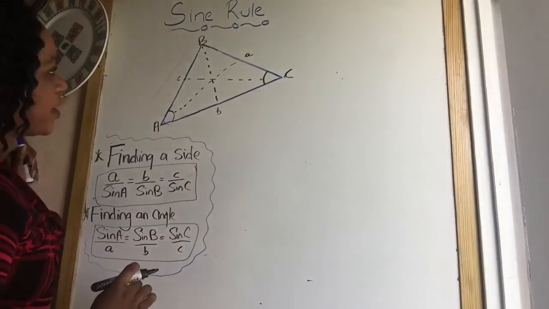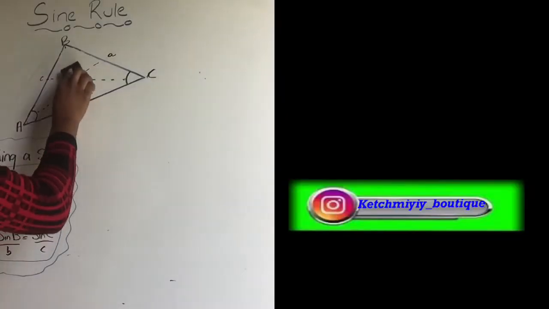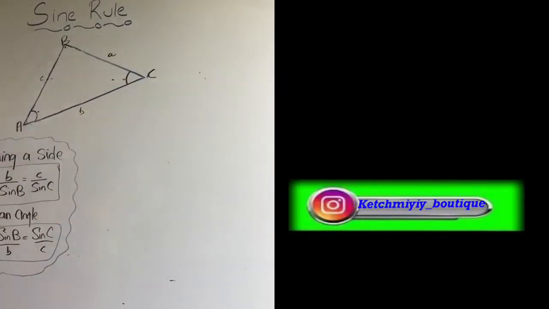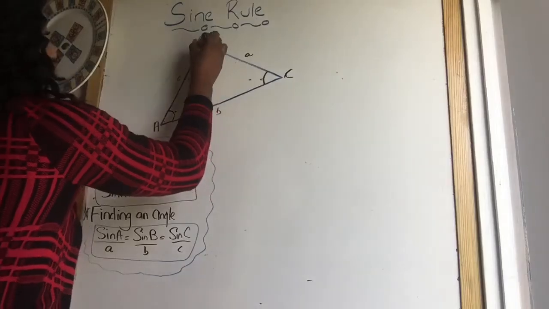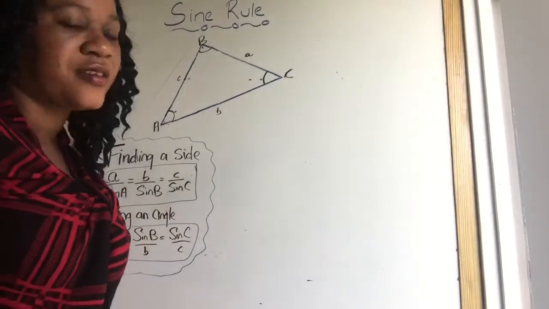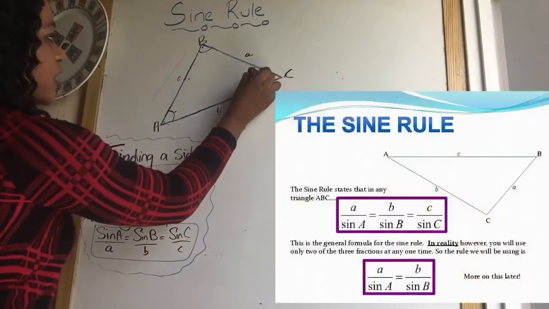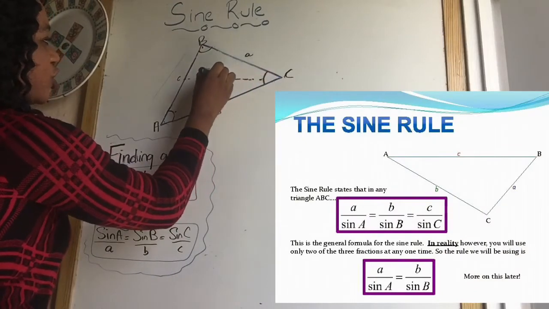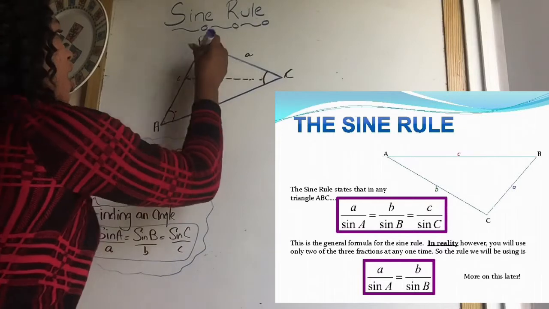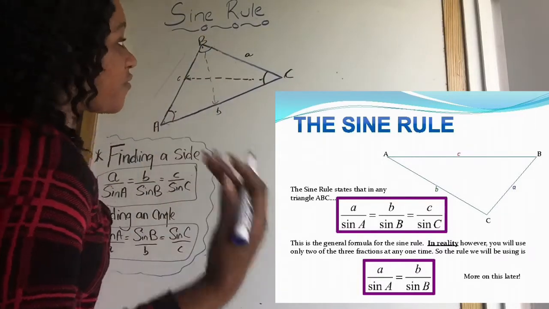What needs to happen is this. In order to find a side, you either have to be given angle C, which is opposite to c, or angle B, which is opposite to b, or vice versa.